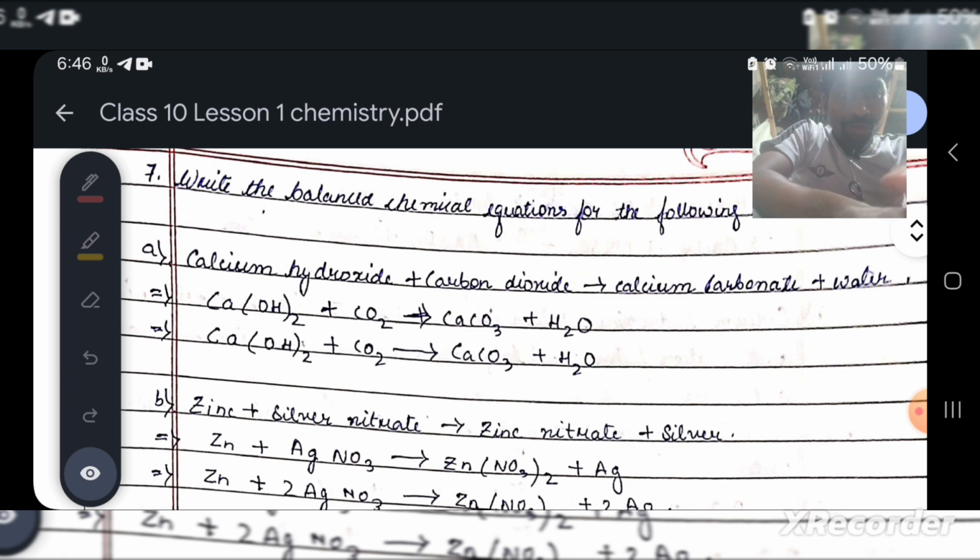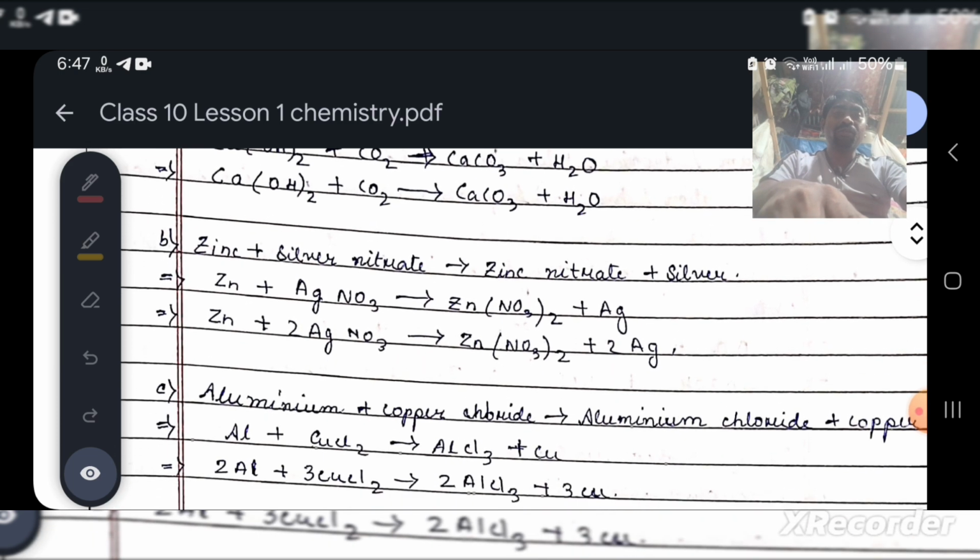You can look, both sides are the same. What does it mean? That the reaction is already balanced. This reaction is already balanced, so we don't have to balance it more. So we will go to B.